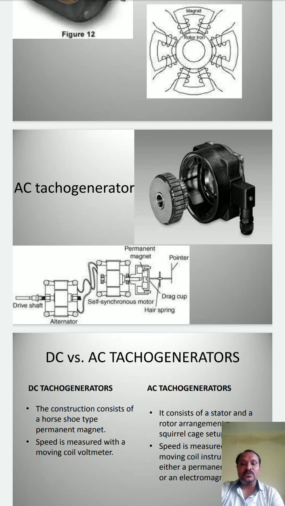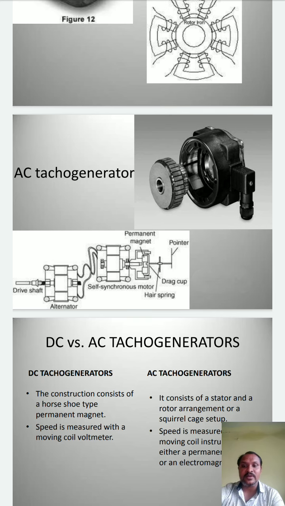What it shows is the drive shaft, alternator, self synchronous motor, hairspring, drag cup and pointer. These are the different parts of the AC generator. The drive shaft will be there continuously, because with the help of the drive shaft only we are going to get the DC or AC voltage.